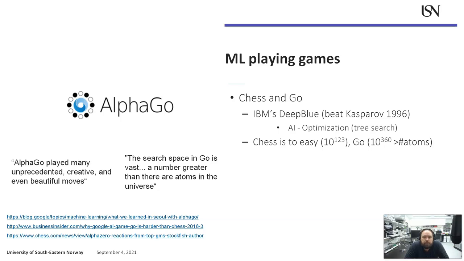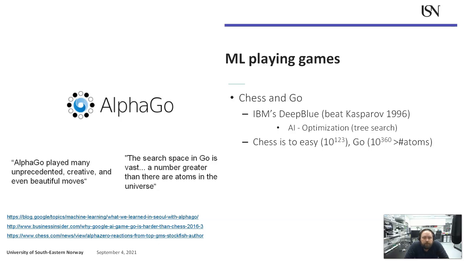So chess, from a science point of view, is kind of a solved problem. The state-of-the-art chess engines are undefeatable by humans. And the reason for that is that chess is relatively simple. The number of possible games you can play is 10 to the 123rd power, so a 1 with 123 zeros behind it, which is a search space that is manageable by today's computers.